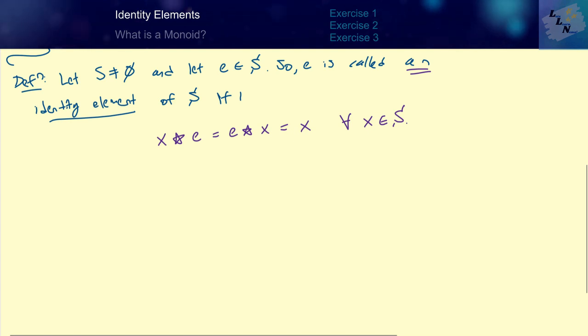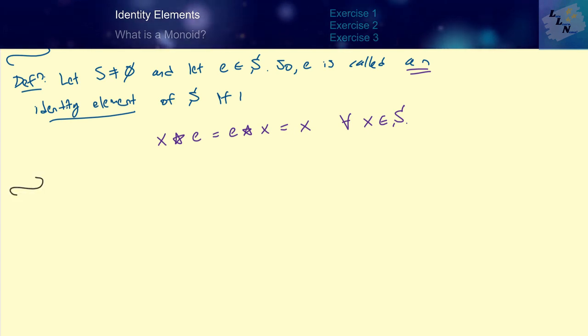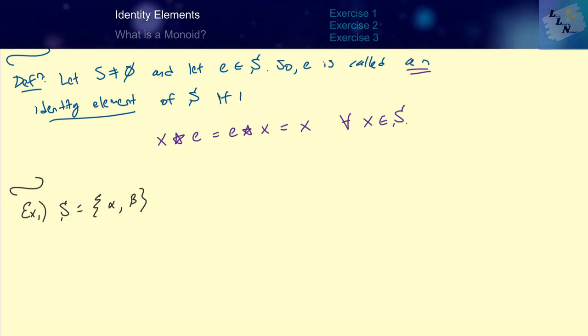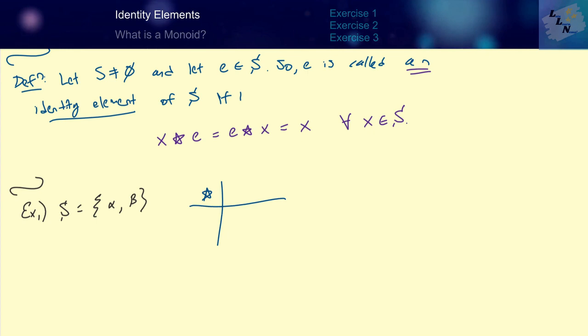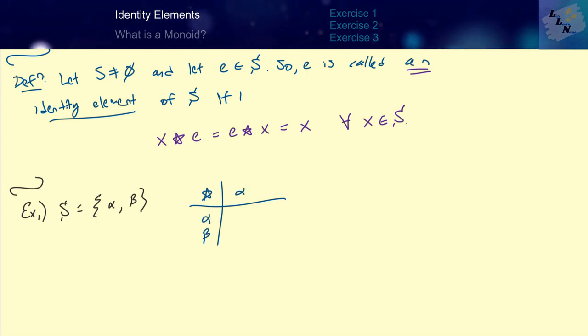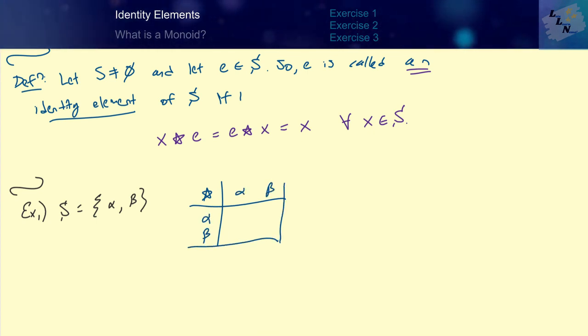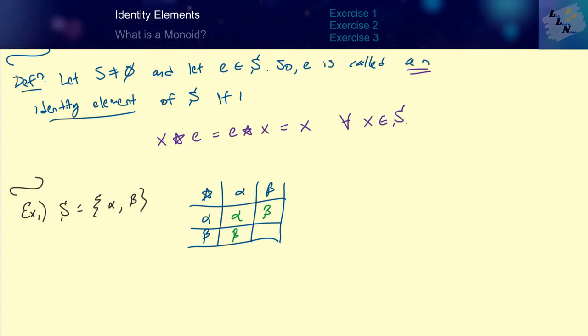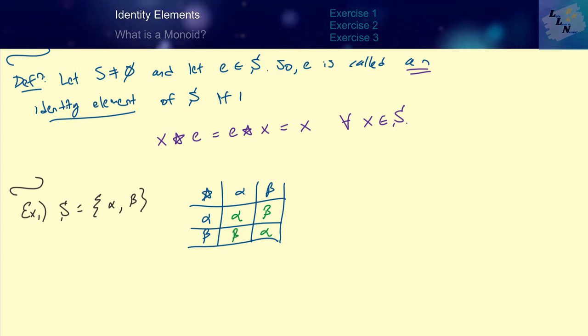So as usual, let's look at a couple examples to sort of get an idea of what we have going on here. So example 1. Let us define S to be the set containing the values alpha and beta. And let's define the binary operation star in the following way. Let alpha alpha be equal to alpha, alpha beta be equal to beta, beta alpha be equal to beta, and beta beta be equal to alpha.